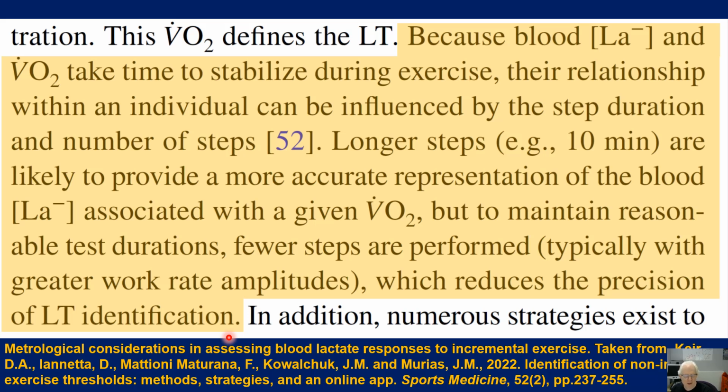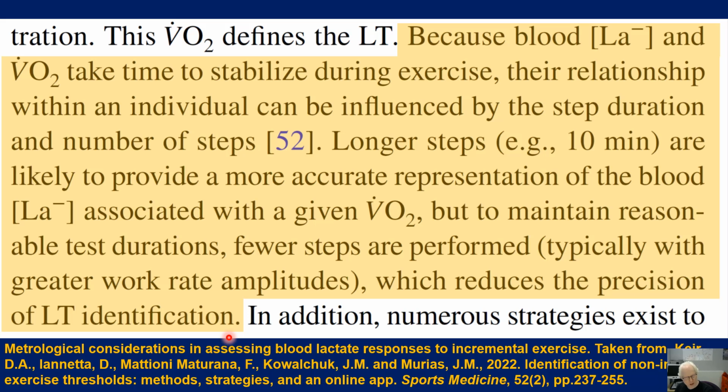Are there ways around this? Well, yeah, if you have worked with an athlete before and you know roughly where the transition is between moderate and heavy intensity exercise, you can throw in those longer stages for that little section that you're working on.